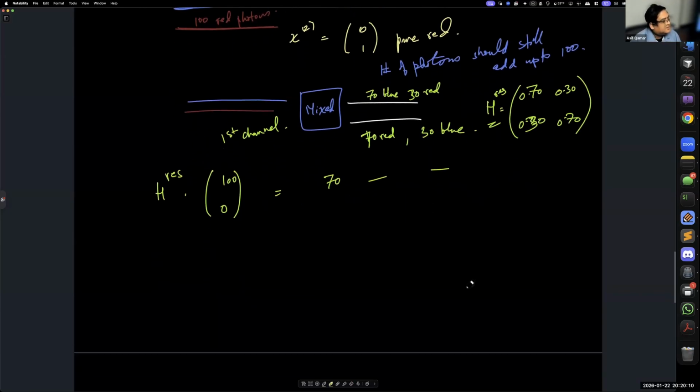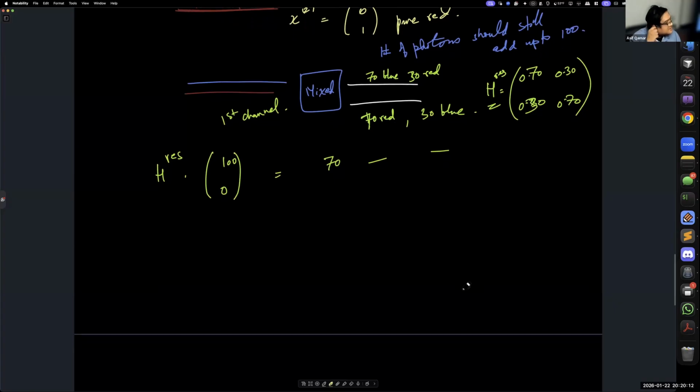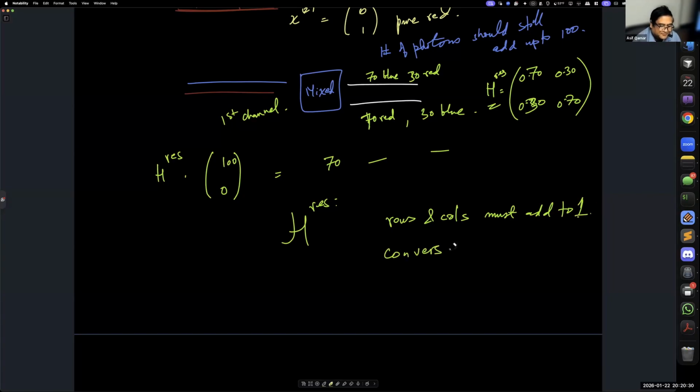You can do a mixture, but to conserve the number of photons, would you agree that in this matrix H res, the defining quality is that rows and columns must add to 1? This is basically a conservation law of signal.